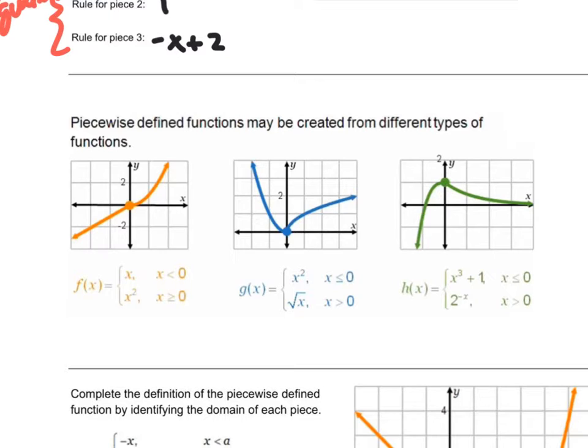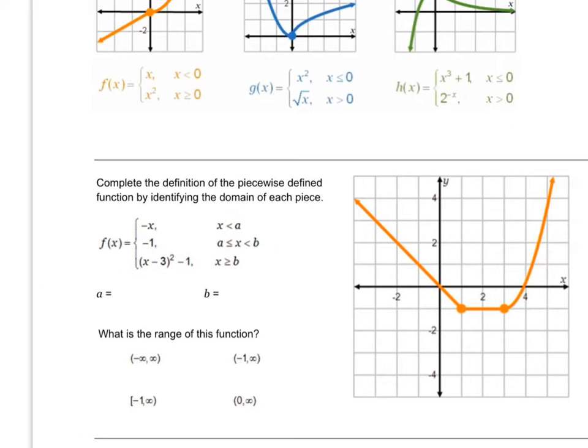The next one, when x is less than or equal to 0, when x is negative, you actually have a cubic function, x cubed plus 1. Then you hit 0, and the function changes to 2 to the negative x power, an exponential function. So you can have two different graphs on the same function if you define them. Okay? Pretty good stuff.